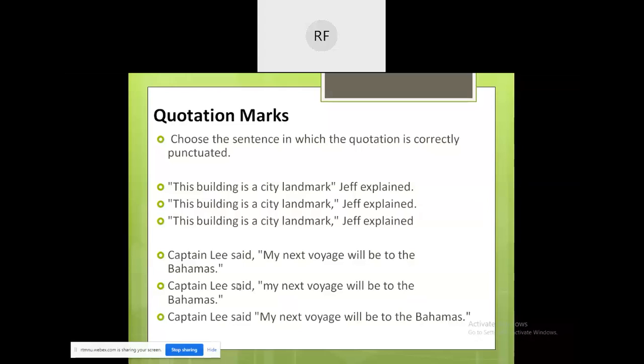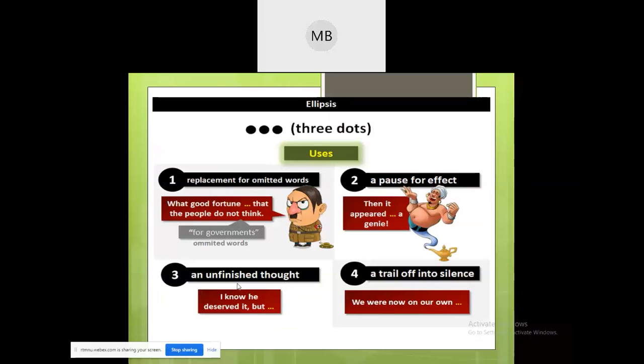B. The second one, ma'am. Yes, the second one is correct. In the first question, the second is correct. In the second question, the first one is correct. In the sentence, first one is correct. Yes. Second one A.